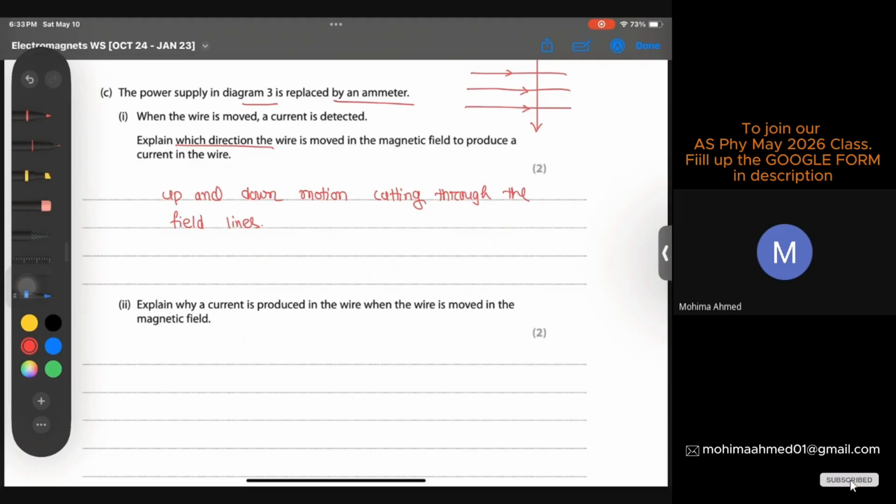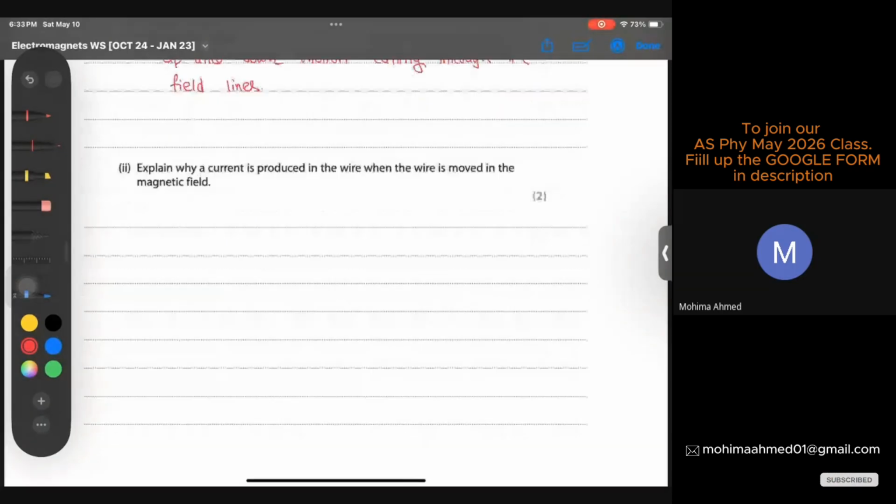Then again, explain why a current is in the wire when the wire is moving in the magnetic field. I have to write that as the wire moves, it cuts through the field line, which causes flux linkage that induces a voltage across the wire. And since the wire is a complete circuit, that voltage gives a current.